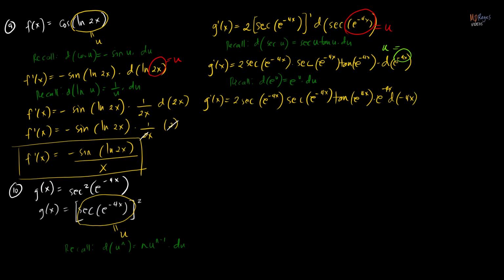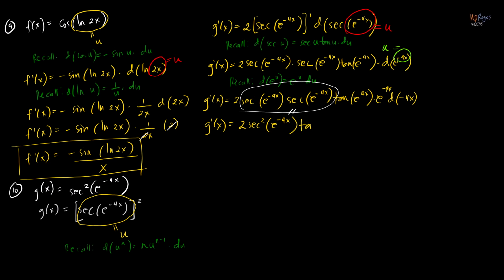Okay, now we can multiply this too. So we can write it as 2 times secant squared of e to the negative 4x, because secant of e to the negative 4x times itself is secant squared of e to the negative 4x. So that's it.